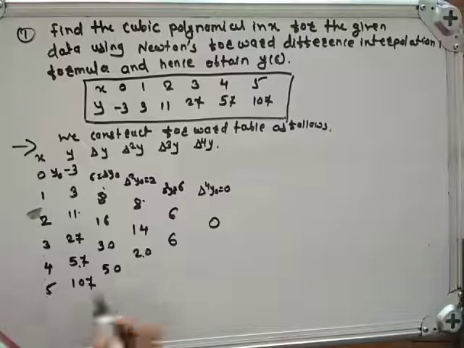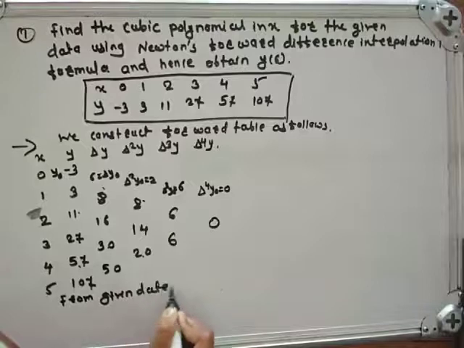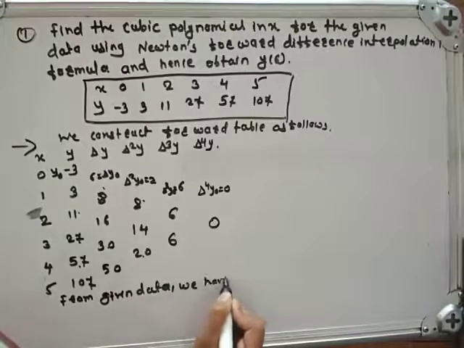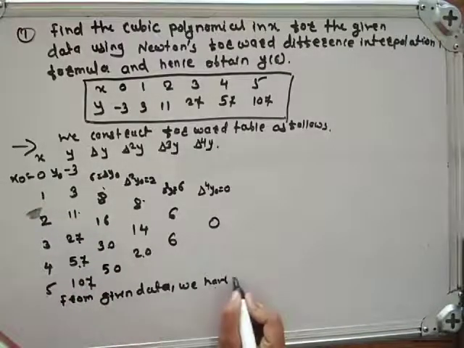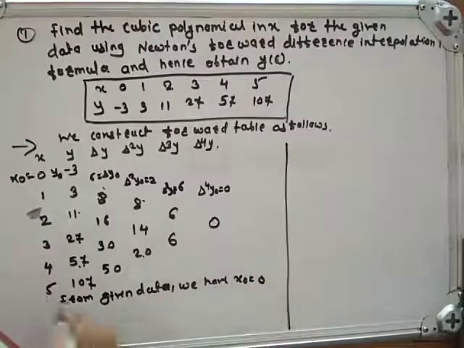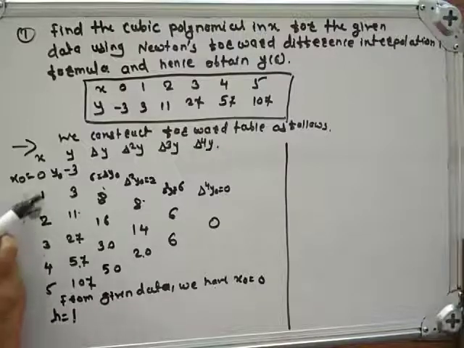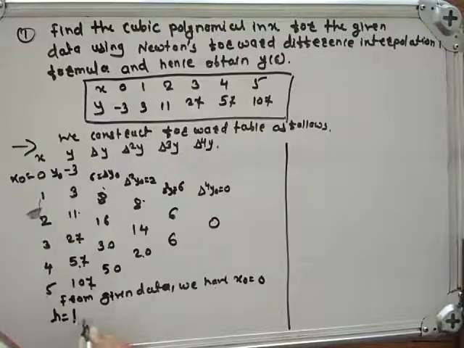From the given data, observe that x0 is equal to 0 and h is equal to 1. h is equal to 1 means the interval of differences: here the difference is 1, here it is 1.